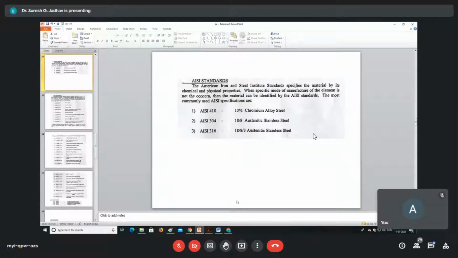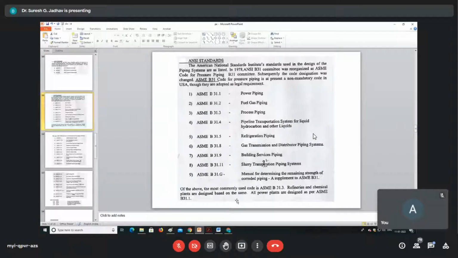That kind of materials are used in AISI 304, and another is 18/8/3 stainless steel, so we can go for AISI 316. That kind of standards we can use in different materials to identify their physical and chemical properties.